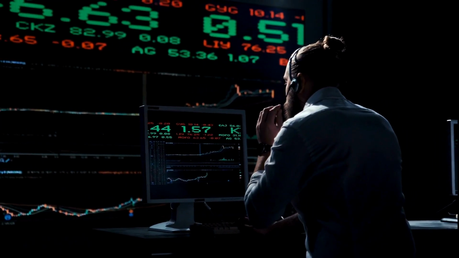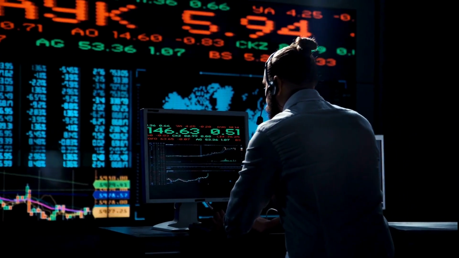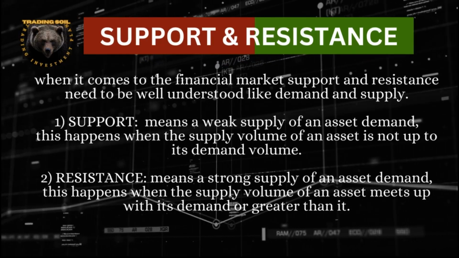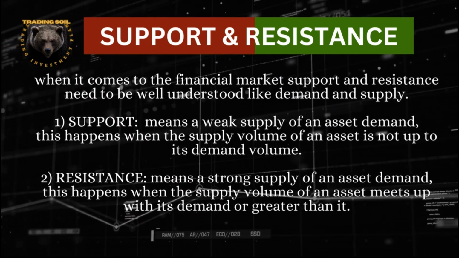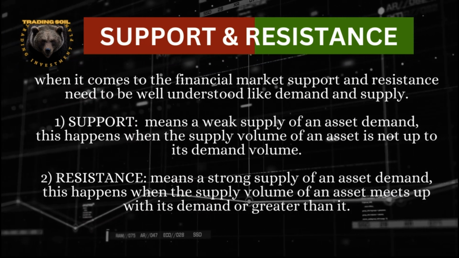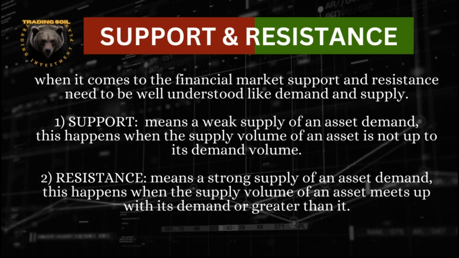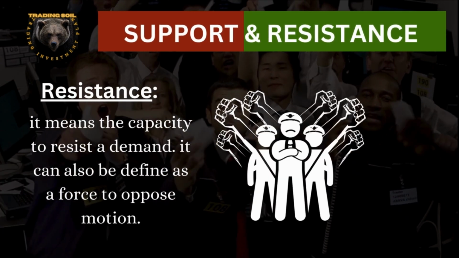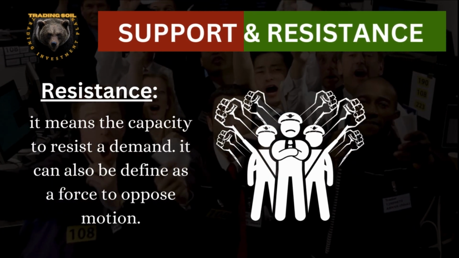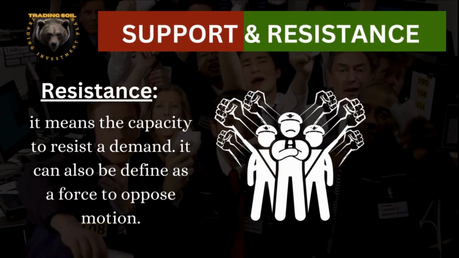This happens when the supply volume of an asset is not up to its demand volume. Resistance means a strong supply of an asset demand. This happens when the supply volume of an asset meets up with its demand or is greater than it.